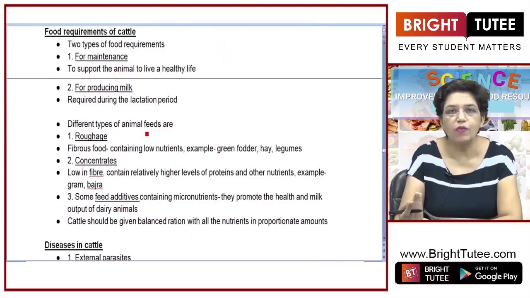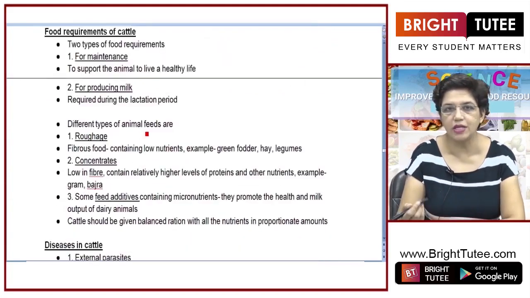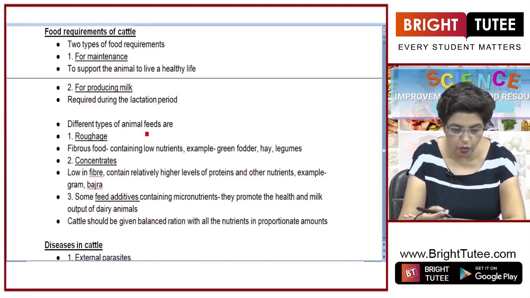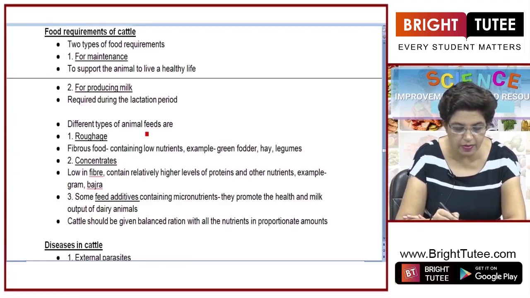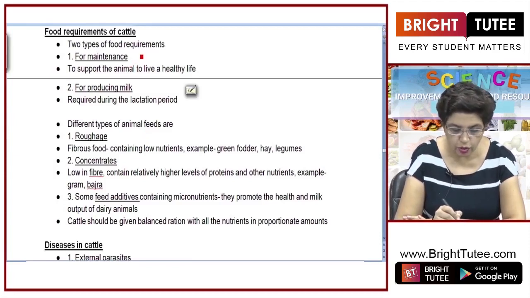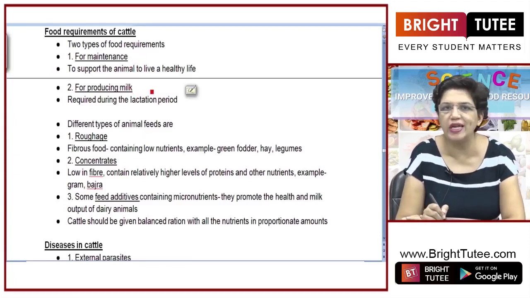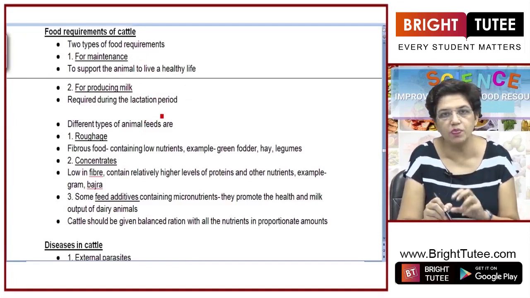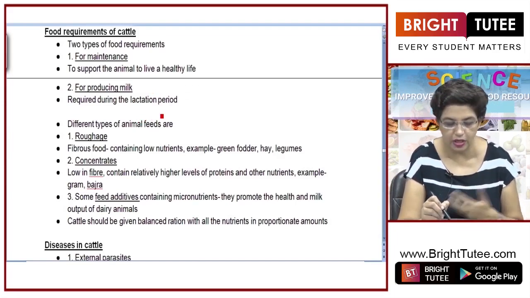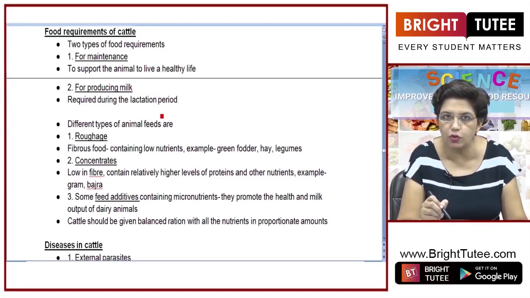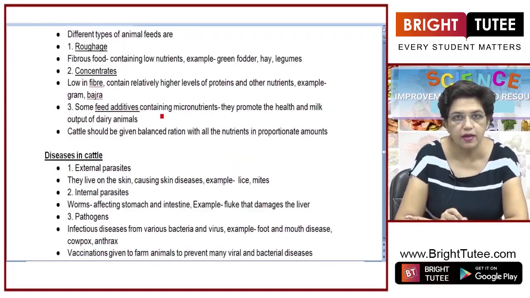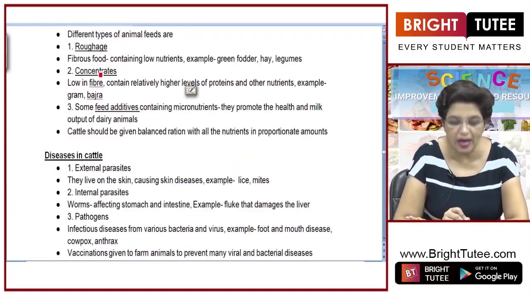Now, while taking care of the cattle, apart from their shelter, we also need to feed them. So the feed requirements are of two types. First is for maintenance, that is to support the animals to lead a healthy life, and second is during production of milk, that is during the lactation period the feed requirement is different. Accordingly, different animal feeds are, firstly, roughage, that is the fibrous food.